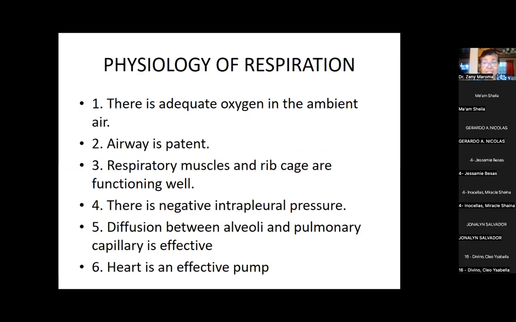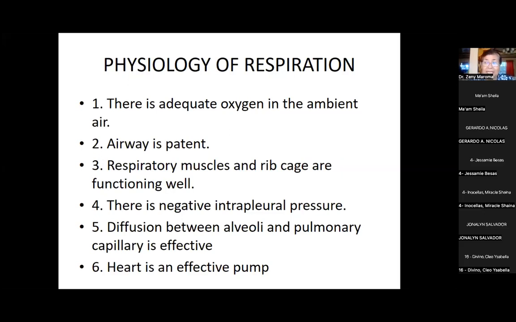Okay. For respiration to occur, the number one requirement is that there is adequate oxygen in the ambient air. As you all know, the air that we breathe in consists of a gaseous mixture.